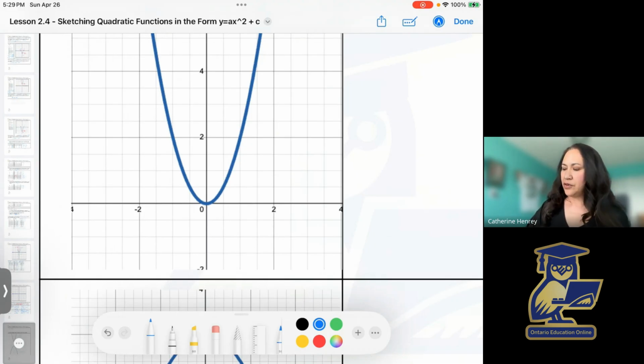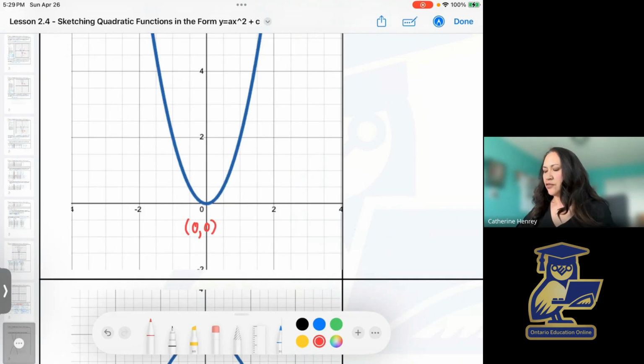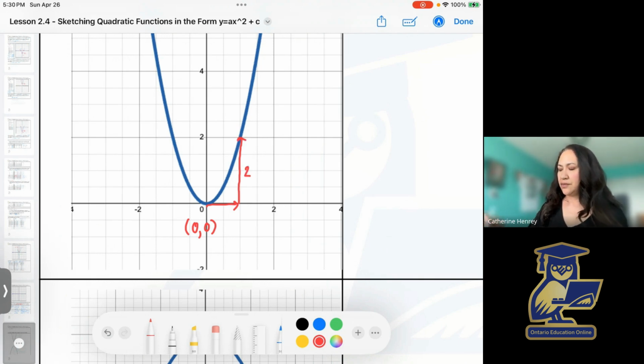So we have a vertex here, it's blue, so I'm going to use red, of 0, 0. Then let's see what the first step is. If we step over 1, there's 1, the vertical goes up to 2. So my step here is actually 2.